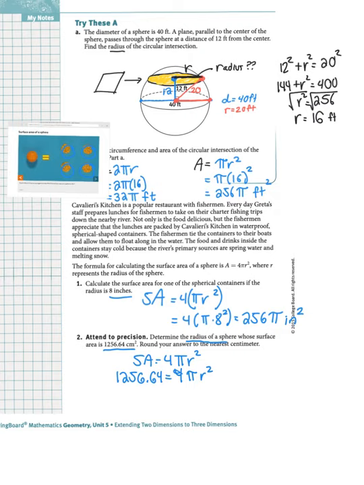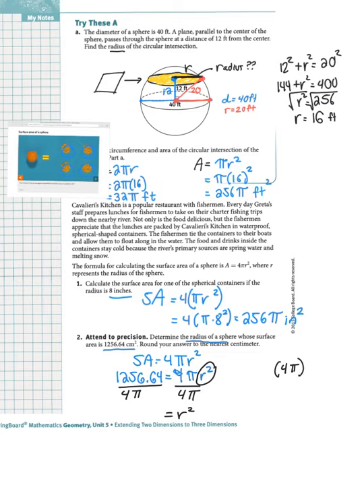And then, like we saw in some of the examples previously, if we're trying to solve for the radius, we're going to need to divide both sides by both 4 and pi in order to get the r squared alone. If we do 1,256.64 divided by 4 pi, remember we talked about putting that 4 pi in parentheses.